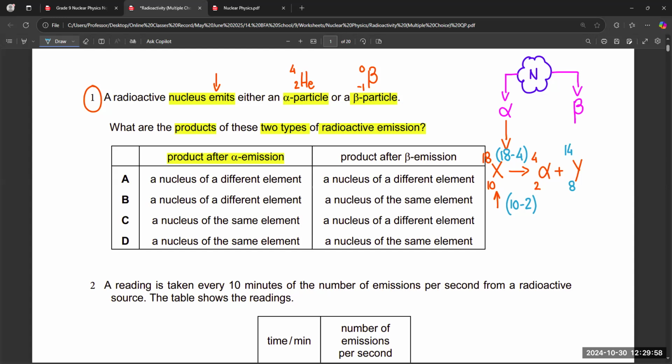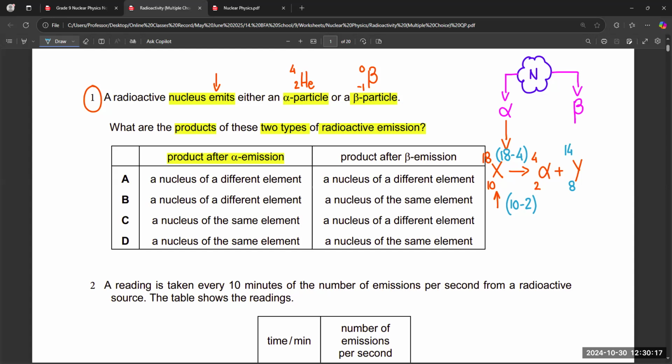This equation is just for your reference. This is not the exact equation for this question, right? This is just for your reference. That's why I used X and Y. So now you can compare the atomic number and the number of nucleons in the equation.